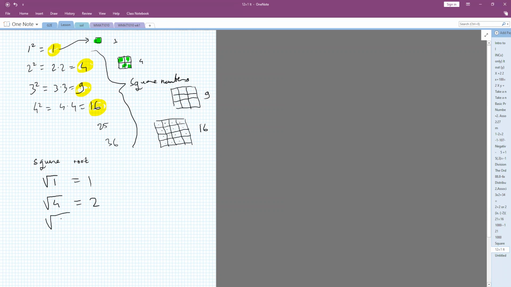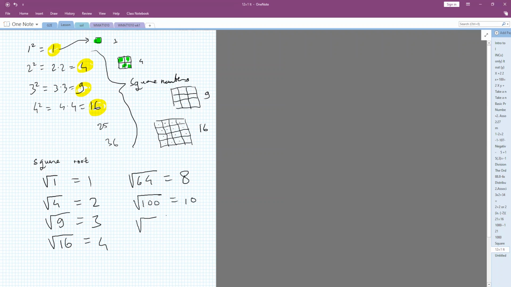The square root of 9 gives you 3. The square root of 16 gives you 4. Now what is the square root of 64? It gives you 8. What about the square root of 100? 10.